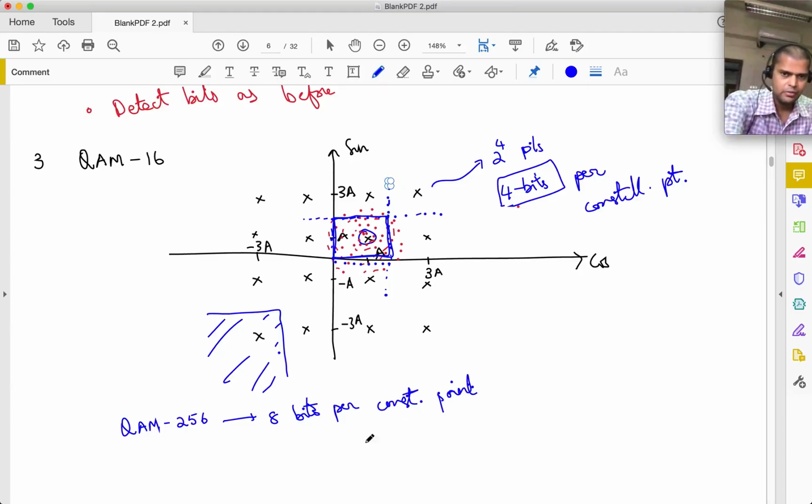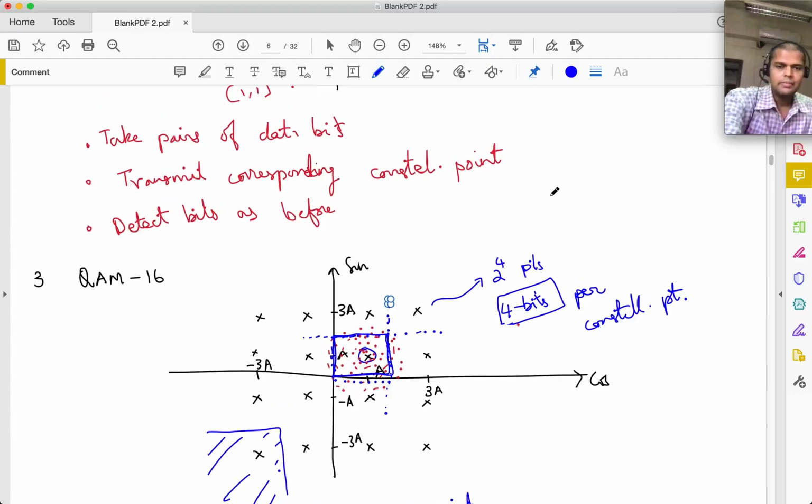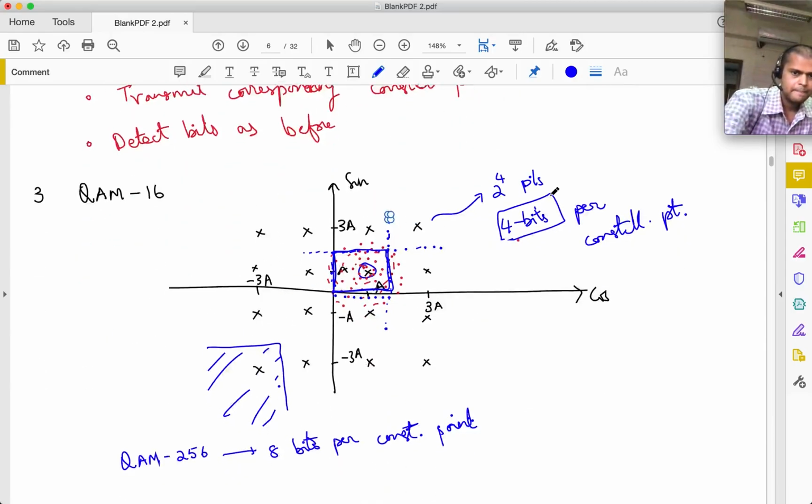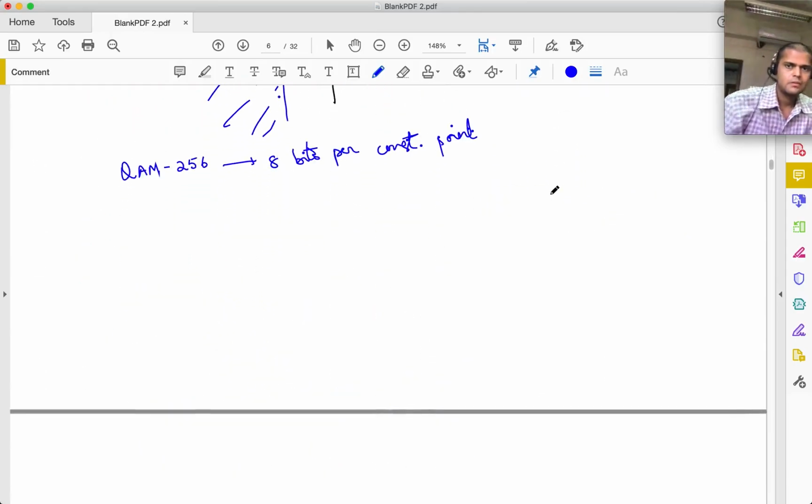I mean, clearly the more constellation points, the better in terms of bit rate. You're sending more and more bits. But what's the negative point of sending more and more of these? Okay. So let's talk a little bit about that. What constellation to use?